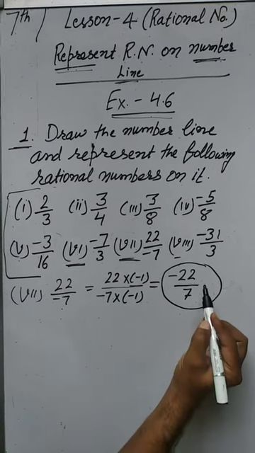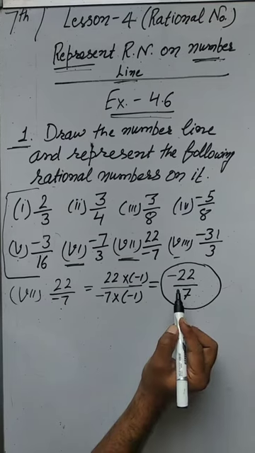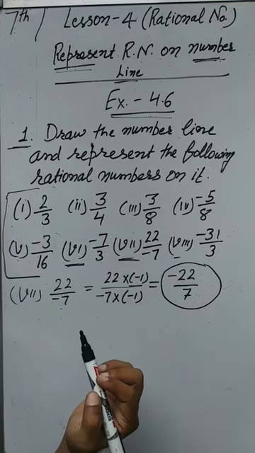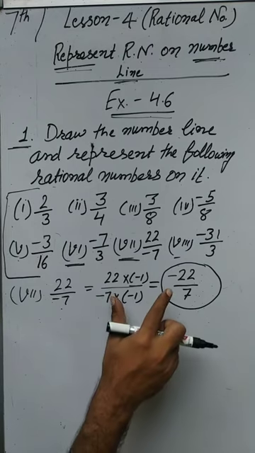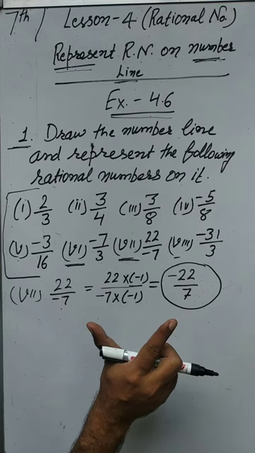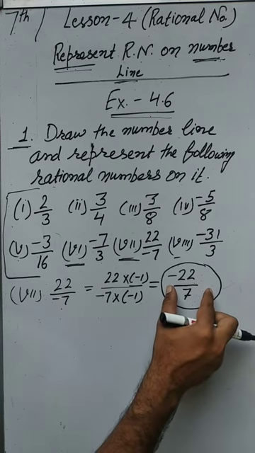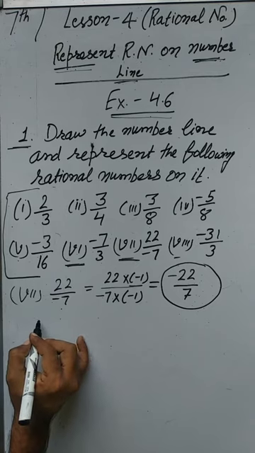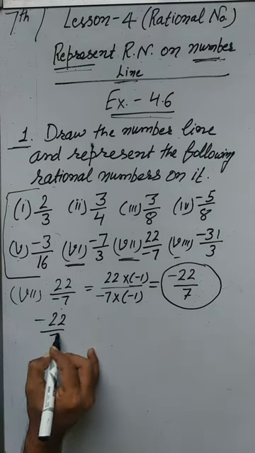Okay beta, I have already explained for a rational number in which the numerator is greater than the denominator, forget about the sign first. Understood? You first write it in the form of a mixed fraction, like minus 22 upon 7.